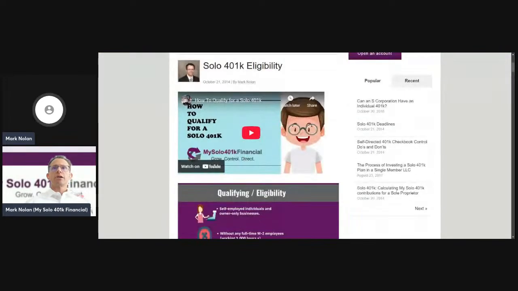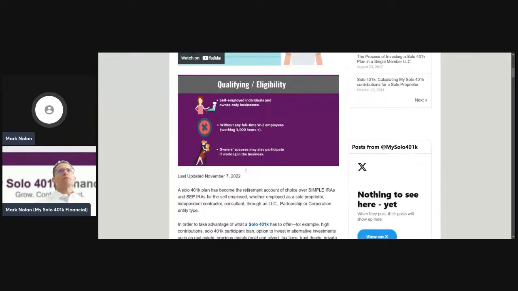Okay, so here's our solo 401k eligibility page. So qualifying for a solo 401k, it's for self-employed individuals and owner-only businesses. So what that means is, let's say you have a sole proprietorship, you might be a contractor.